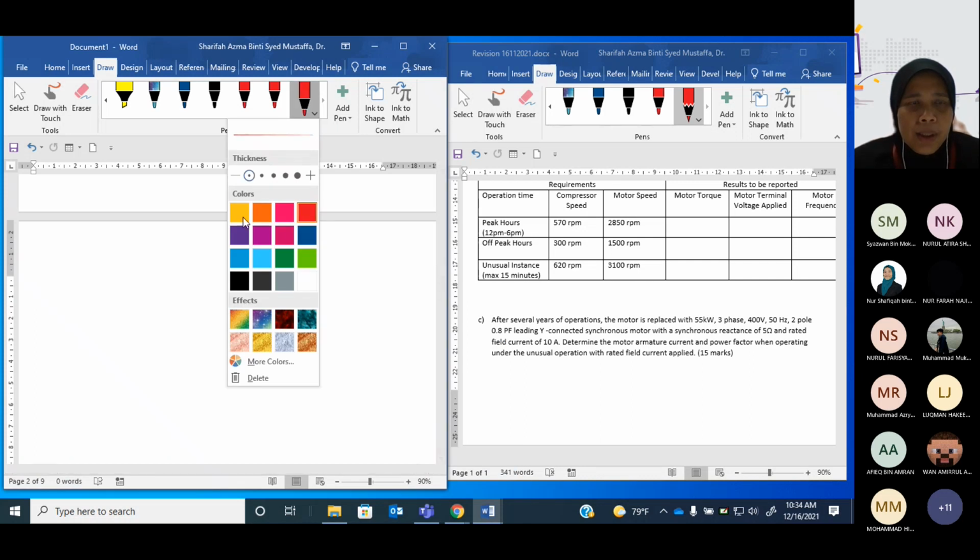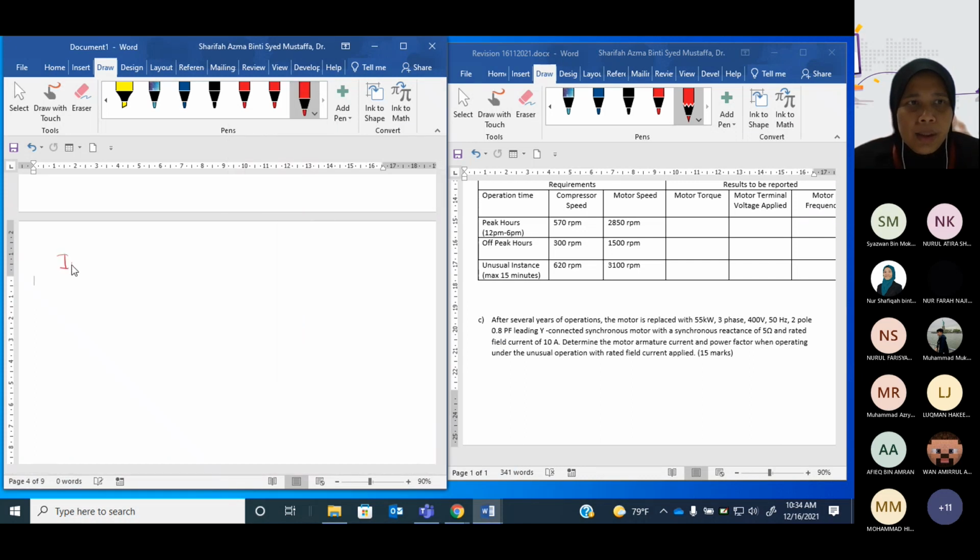Dia nak cari armature current which is IA. So because this is 3-phase, IA must have angle. Kat sini ya. Bukan magnitude saja, IA must have angle, magnitude and angle. Okay, you want to find IA. So it is synchronous motor. Which formula you want to use to find your IA?